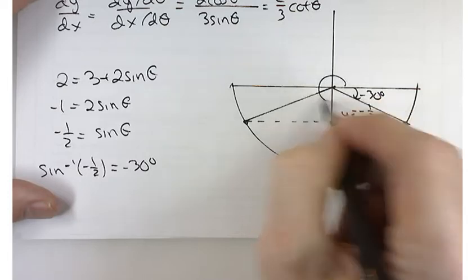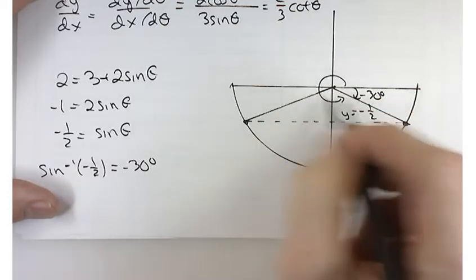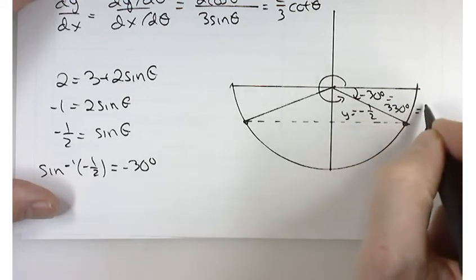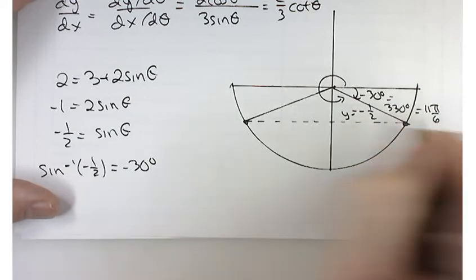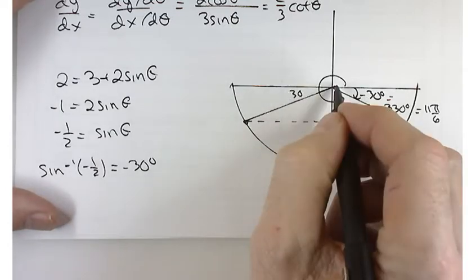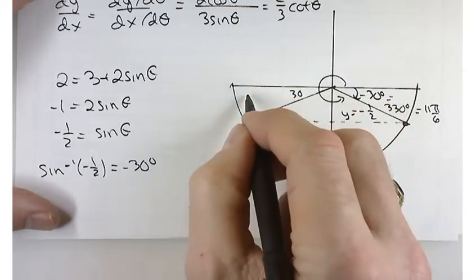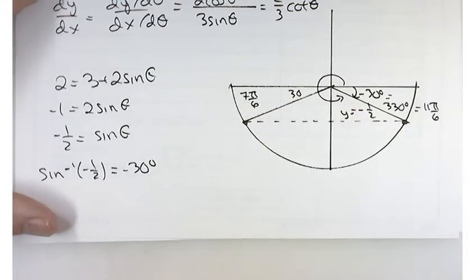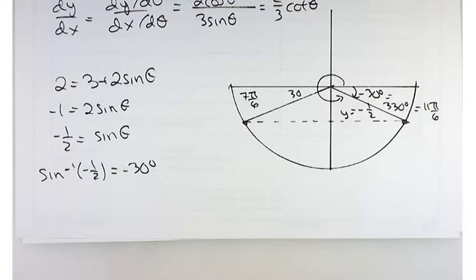If you go this way, that negative 30 is equivalent to 330, which is 11 pi over 6. Now the other possibility, this is also 30 degrees. 30 plus 180 is 210, and 210 is 7 pi over 6. So those are our two possibilities.